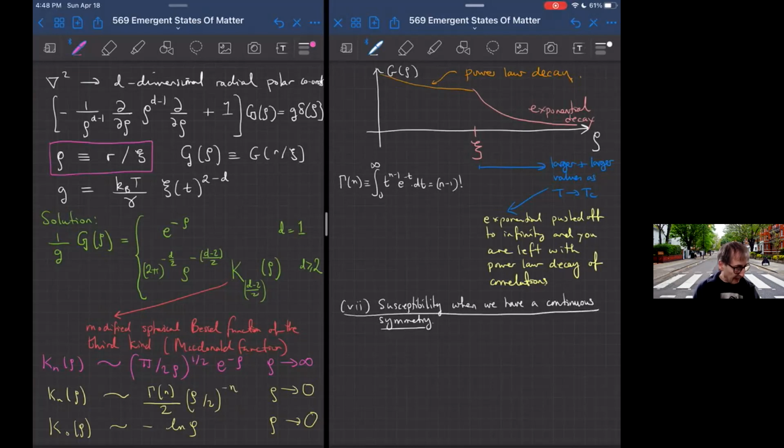This is going to be more of the same, but what's going to be different is that we will take into account the spatial structure.